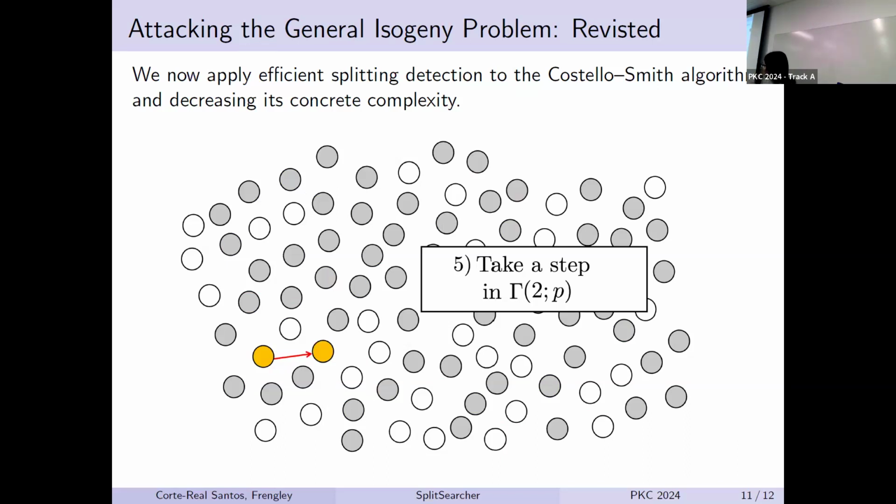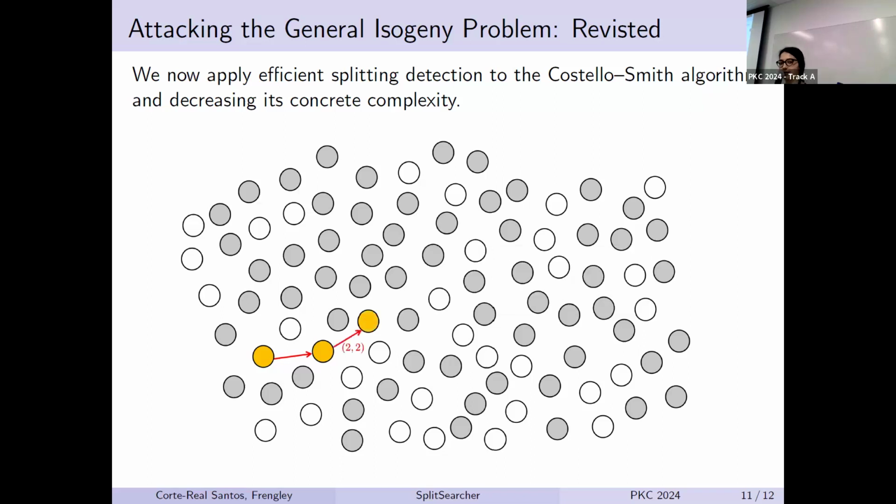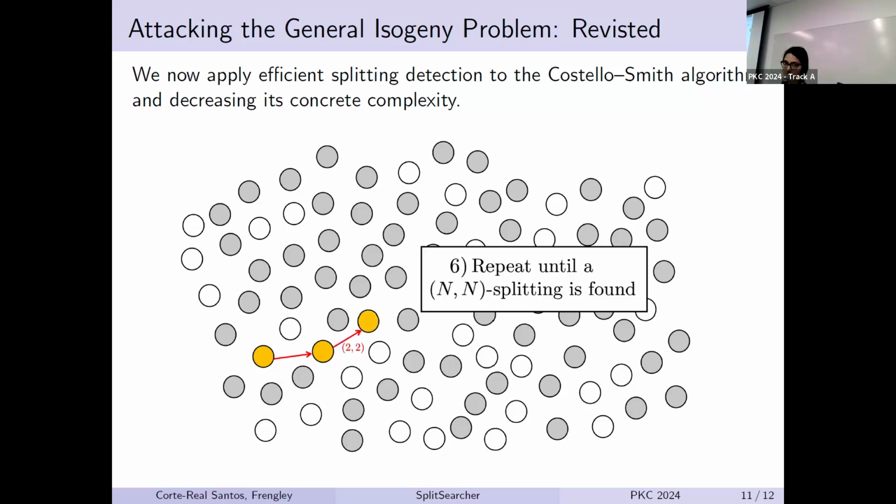Note that in the original Costello-Smith attack, we would have only revealed this one new node, that's in orange, whereas using our splitting, we've now covered a larger proportion of the graph for not that higher cost. Okay, but let's act like we didn't find a splitting, so now we take another step in the graph, and we repeat the process again until we find an NN splitting.